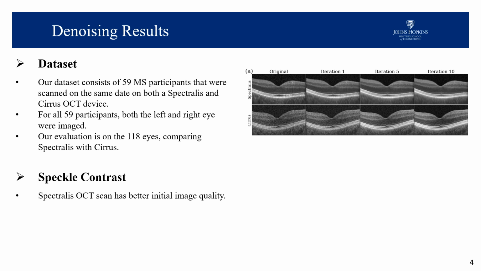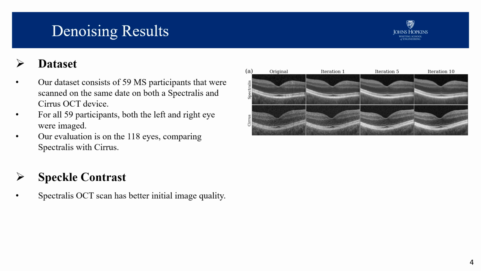The iterative denoising results of the recurrent cell fusion are shown in this figure. The four columns show examples of original B scans, and denoised B scans at iteration step 1, step 5, and step 10, respectively. The first row shows an example of a B scan from the Spectralis OCT device. The second row shows an example of a B scan from the Cirrus OCT device.